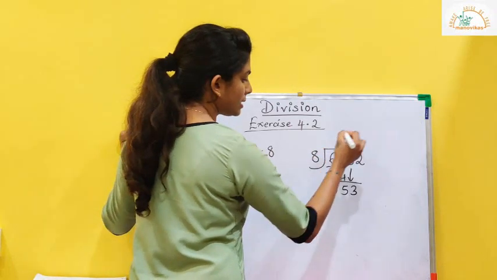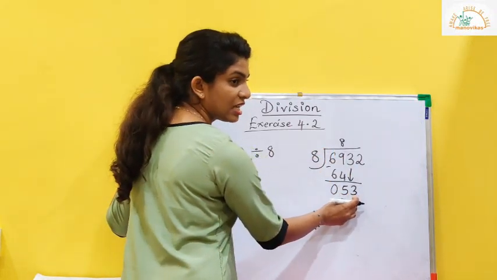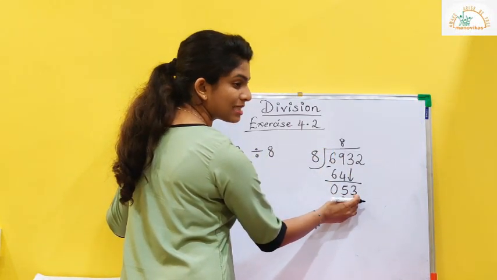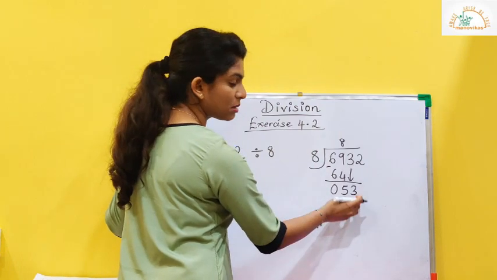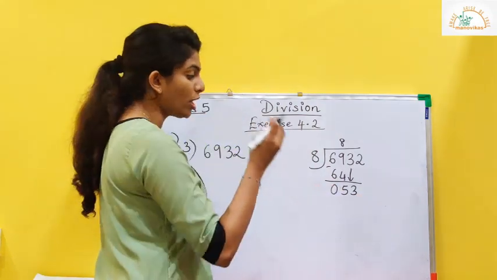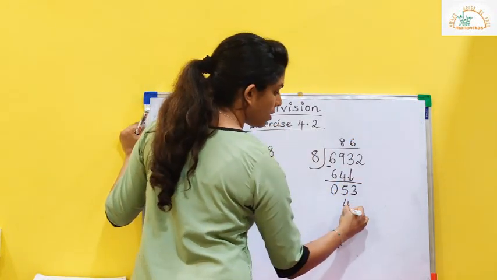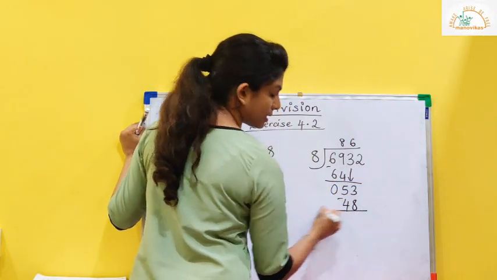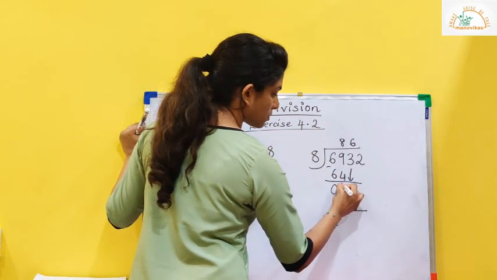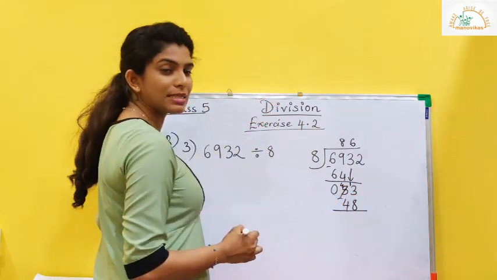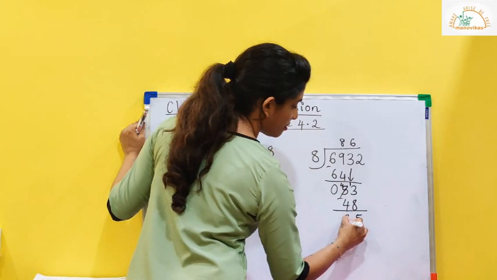Now you have to see 53. Can you tell me which number in the 8 times table is closer or equal to 53? It is 8 6s are 48. So this becomes 5. 13 minus 8 will give me 5.